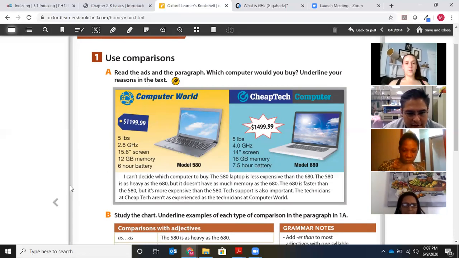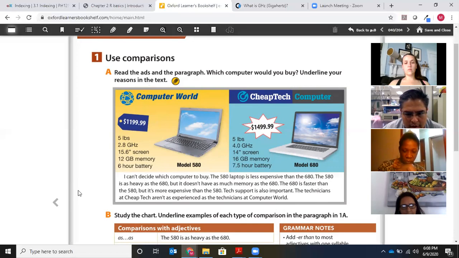I can't decide which computer to buy. The 580 laptop is less expensive than the 680. The 580 is as heavy as the 680, but it doesn't have as much memory as the 680.